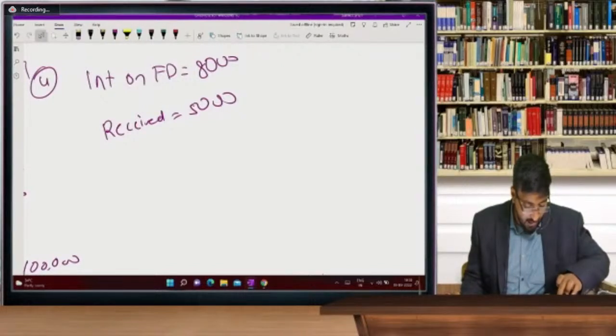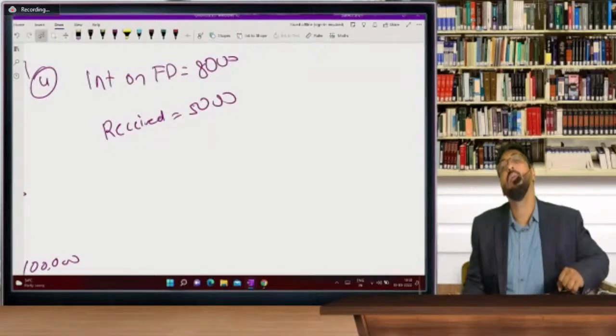Neha Gupta. Interest on FD 8,000 and received 5,000.